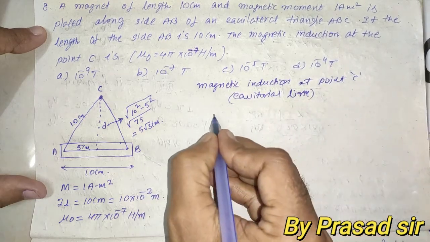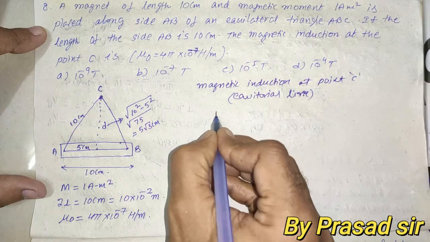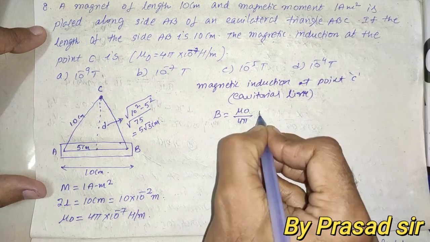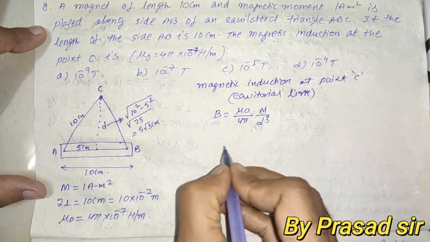Equatorial line. So magnetic field which is present on equatorial line, formula B is equal to mu naught by 4 pi capital M by d cube.